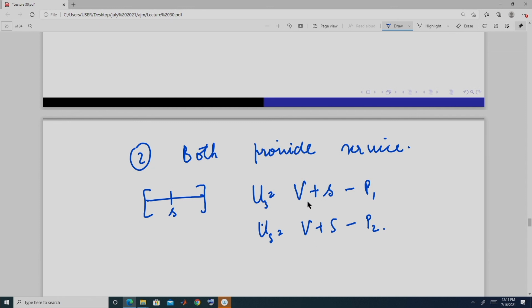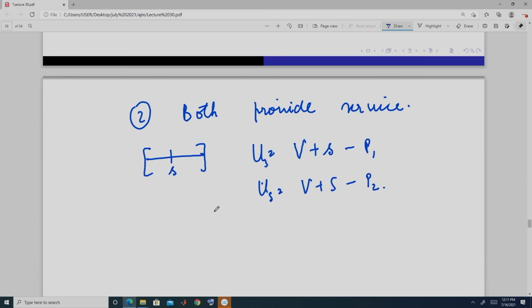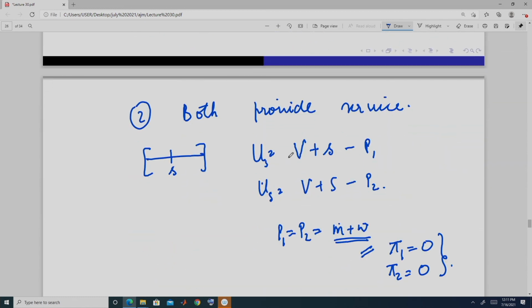So, this remains the same. This consumer is going to buy from that firm whose price is less. Again, if you charge any higher price, none is going to buy from that. So, there is only one possibility, that P1 is equal to P2 and that is M plus W, because this is the marginal cost of the product and this is the marginal cost of the service. So, again in this case profit of firm 1 is 0, profit of firm 2 is 0. So, the Bertrand paradox is fully operational here, in these two cases.